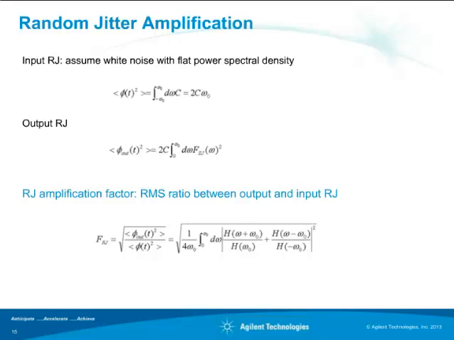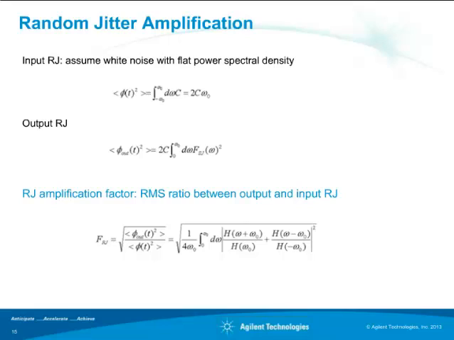For random jitter, we assume input RJ is a white noise with flat power spectral density. Therefore, the output RJ power is given by the integral of the SJ transfer function up to the jitter Nyquist frequency, which is omega 0.